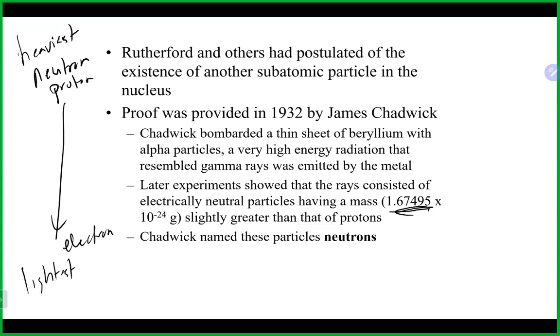So in terms of protons, neutrons, and electrons, I would say the electron mass is probably the one you should know. It does come up a lot. But you do need to know which one is the most massive and which one is the lightest. So again, the neutron is the heaviest and the electron is the lightest.